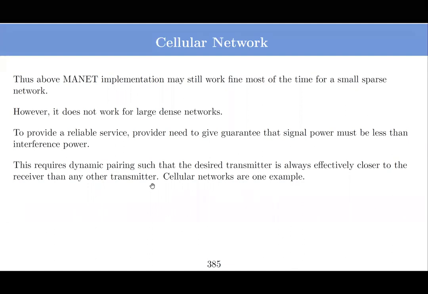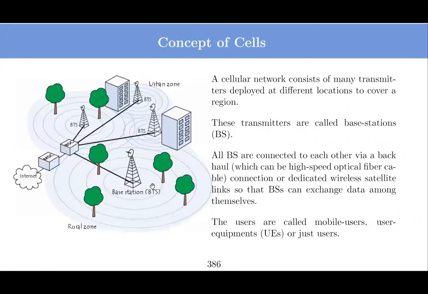So one example of this is known as a cellular network. Here we have a concept of cells, which means that a cellular network consists of many transmitters deployed at different locations to cover a region. Not just a small region, but a very big region like a city.